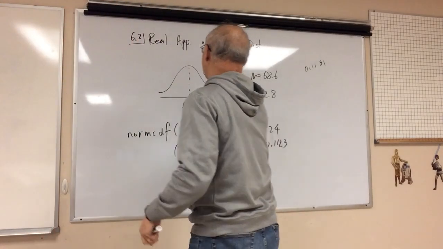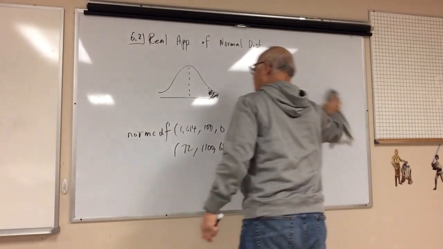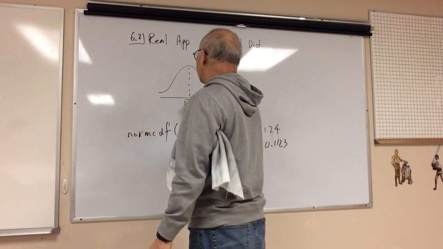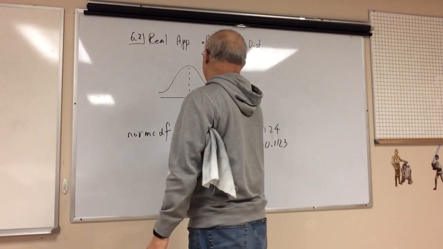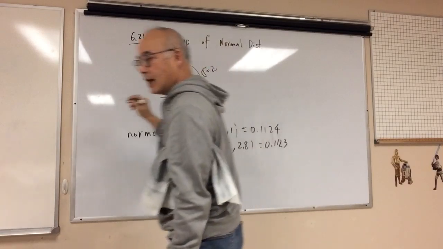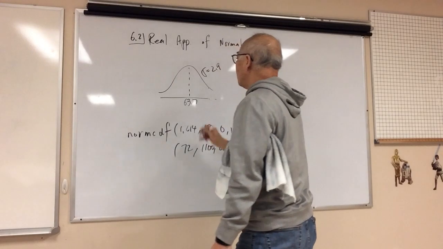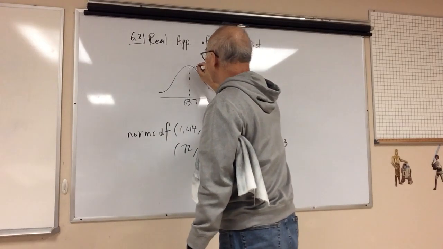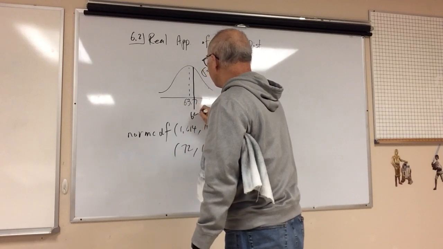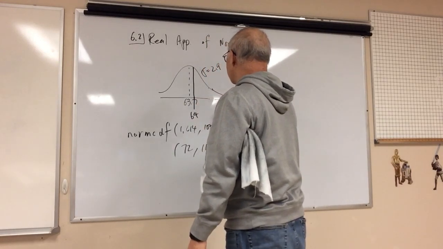Okay, so the height of the women is normally distributed at 63.7 with a standard deviation of 2.9. I want to know what percent of women are between 64 and 77.